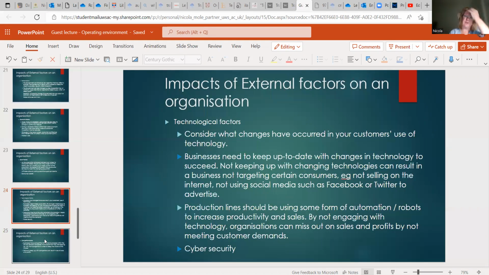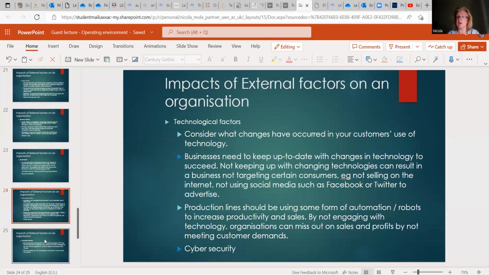Technological factors, okay, so they are also external impacts. So you need to consider what changes have occurred in your customers' use of technology, and businesses need to keep up to date with changes in technology to succeed. Not keeping up with changing technologies can result in a business not targeting certain consumers, all right?